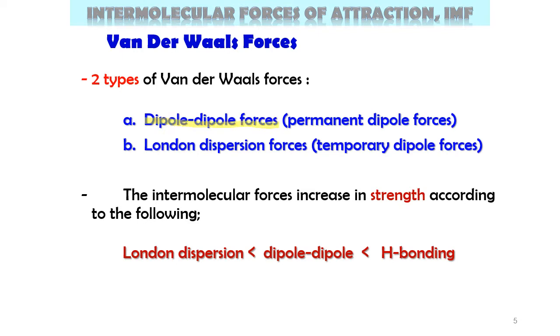The next one is London dispersion forces, and normally we call it temporary dipole because its nature is temporary, not fixed. And for the intermolecular forces, the arrangement is: the weakest is London dispersion forces, and then the second one is dipole-dipole, and the strongest intermolecular force is hydrogen bond.